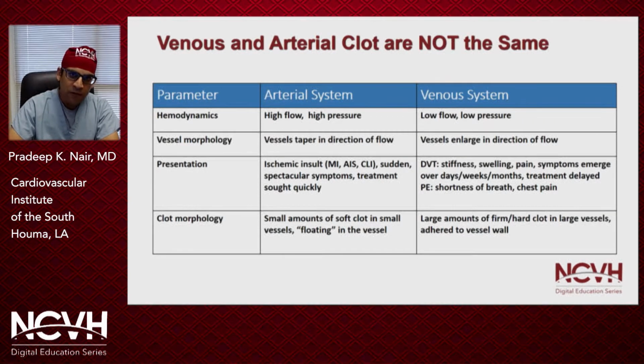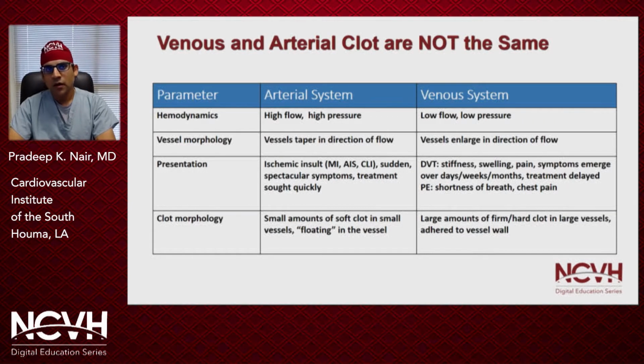Now, we are talking about the venous system, and we all have dealt with arterial clot in the past, but they're vastly different. In the arterial system, you deal with high flow, high pressure systems. The vessels taper in direction of flow. And oftentimes these patients have very dramatic symptoms and present with a stroke or heart attack or critical acute limb ischemia. The clot morphology can also vary.